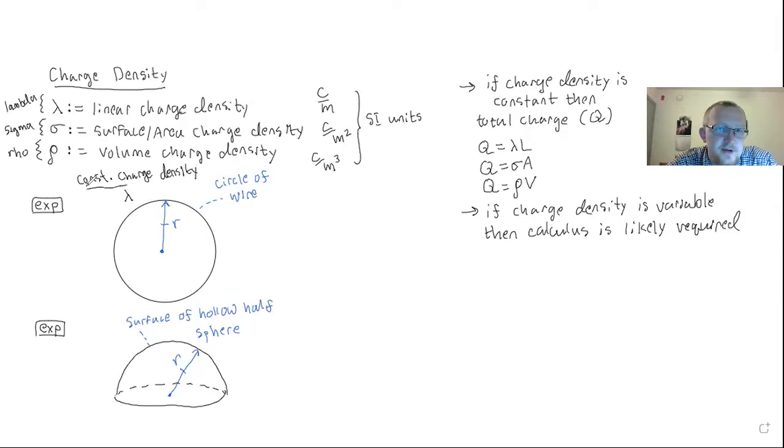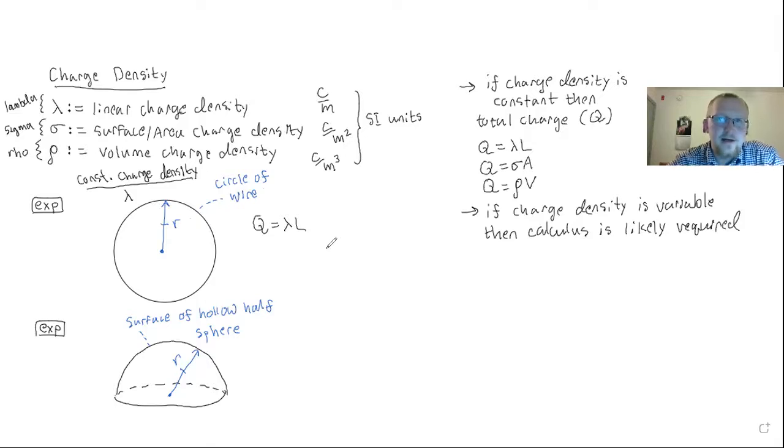Both these examples are for constant charge density. In this case, we have a circle of wire, and that wire has a constant linear charge density on it, and the circle has a radius r. What we're looking to find is the total charge Q. Since we're looking at linear charge density, it's going to be lambda times the total length of the wire.